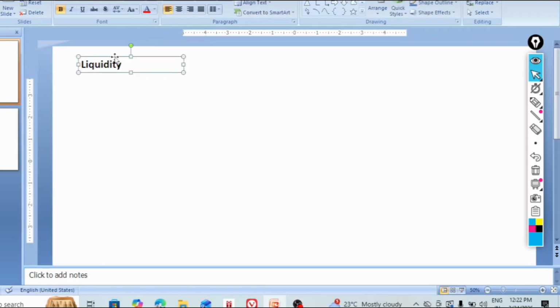Today we will talk about what is liquidity. Some of you might know, some of you might not. So let me explain what liquidity is in simple terms.